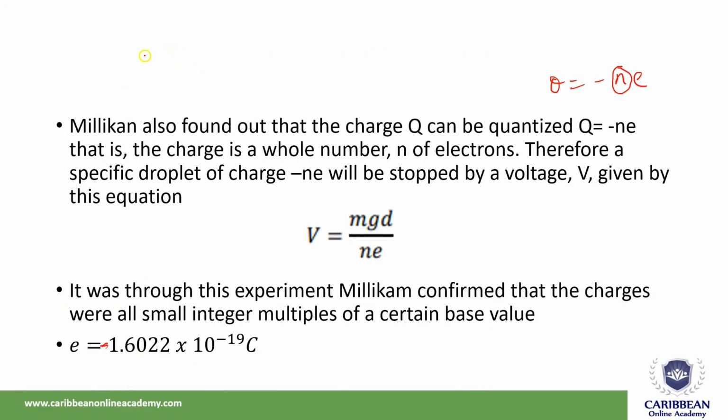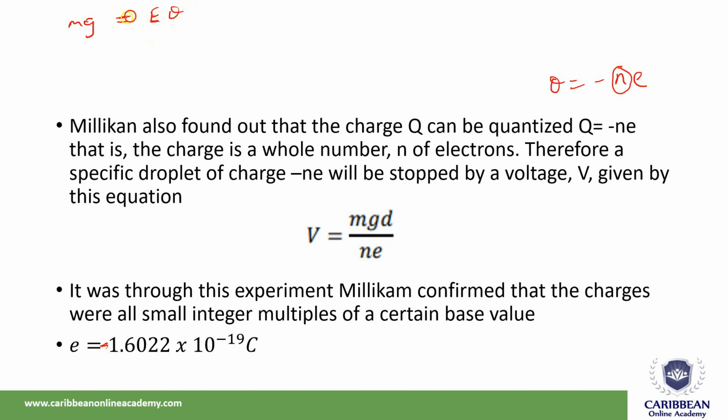So in essence, if we go ahead and make that substitution, we just said that mg, which is the weight, is equal to the electrostatic force, or the electric force, which is equal to E times Q. We're trying to find Q in this case, which is the charge. This was what he was able to do in his experiment.